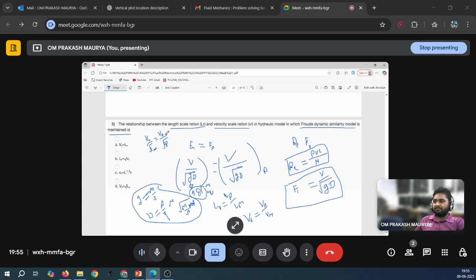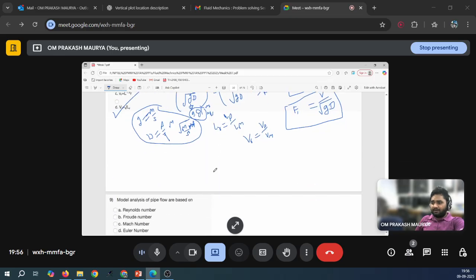So Vp by Vm, which is your Vr, is equal to root of Lp by Lm, which means Vr has the relation under root Lr. This is your final expression. So you can say option D is correct here: Vr is equal to root Lr. So this is your correct option.